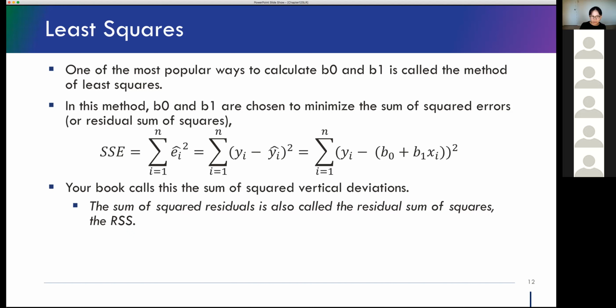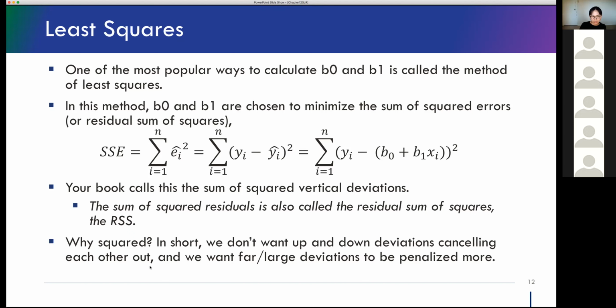Well, I put all the equations here. In this least squares estimation, B0 and B1 are chosen to minimize the sum of squared error. The sum of squared error is the sum of squared residuals, also called the residual sum of squares. So we try to minimize this to find the best values for beta 0 and beta 1.